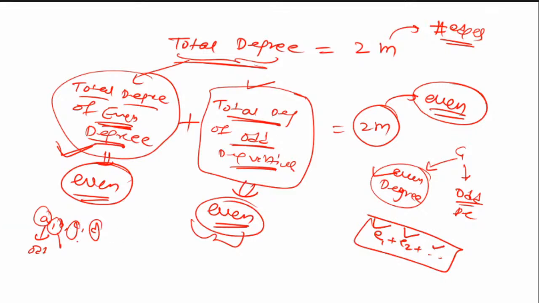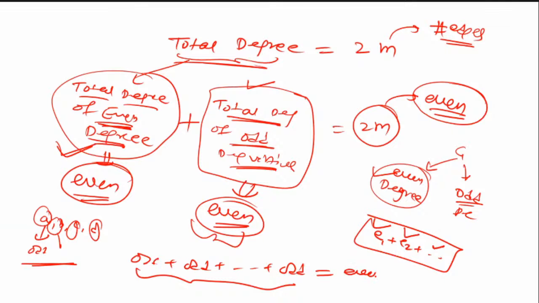So their summation must be even. Odd plus odd plus odd and so on plus odd. If you add all the odd degree vertices, if you do the summation of the degrees of odd degree vertices, that should be even. So what should happen? The number of odd degree vertices must be even, because you know odd plus odd is even, even plus odd is odd.